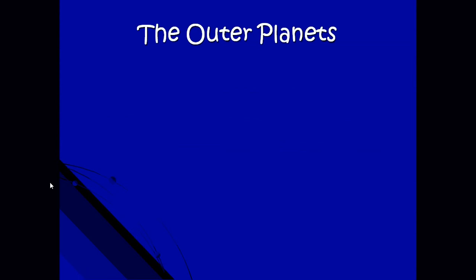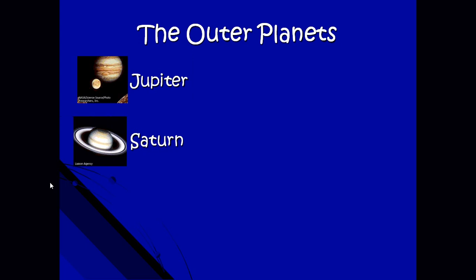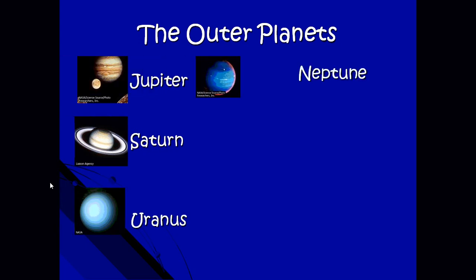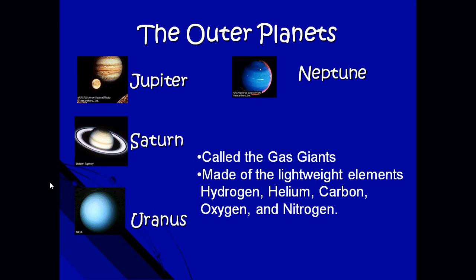Next, the outer planets. Jupiter, Saturn, Uranus, Neptune. And I guess if you wanted to include Pluto, however, it's not regarded as much of a planet other than the dwarf planet.